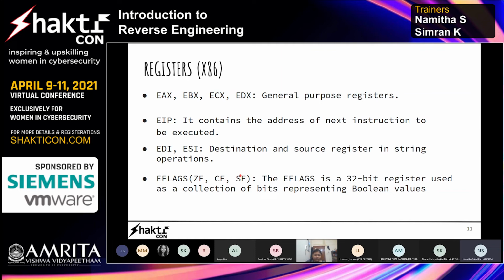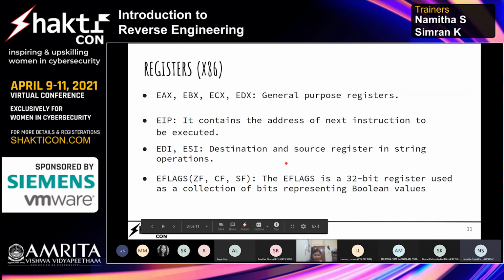Next comes SF, that is sign flag, which is set when an operation is negative. So these are some important flags from E-flags. But then there are many more flags. If you go into detail in assembly language, you'll come across them.